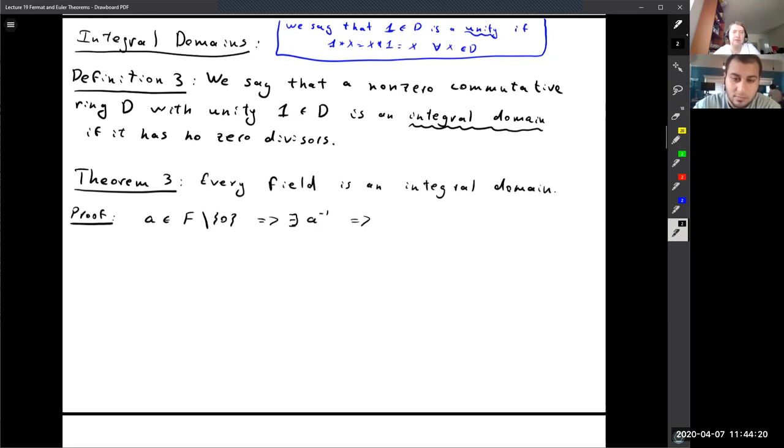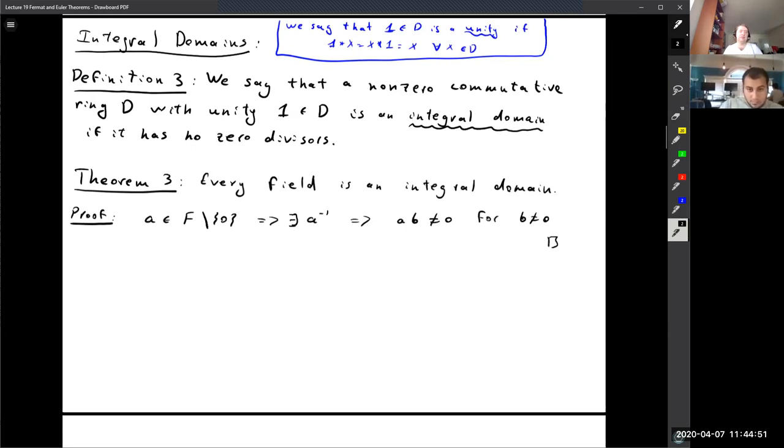From here we can conclude that AB is not 0 for every non-zero B, because if it is, we multiply both sides by A inverse and we get that B is equal to 0. So there are no zero divisors, and hence every field is an integral domain.